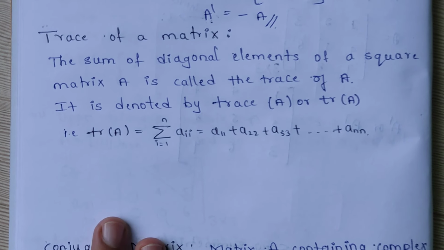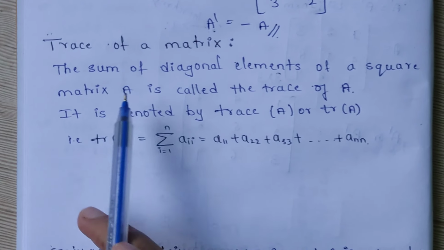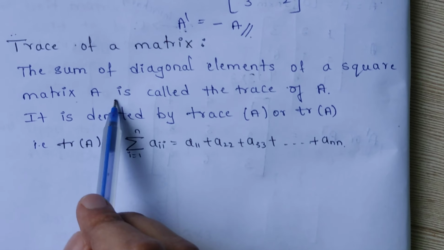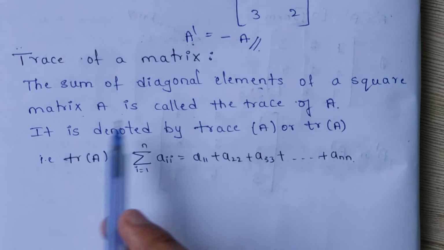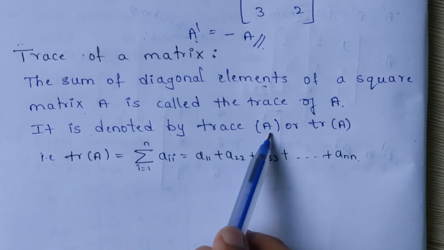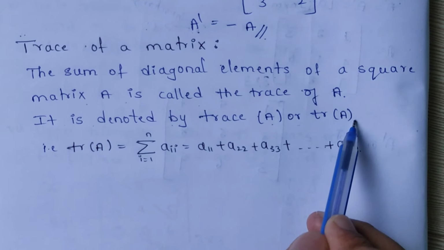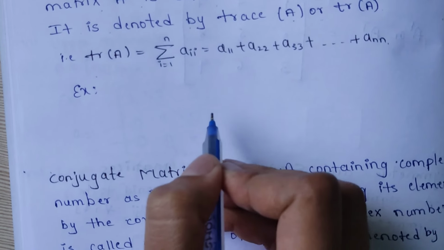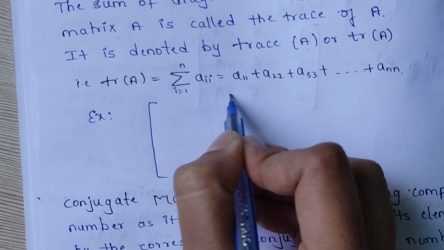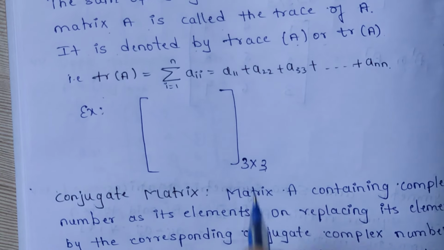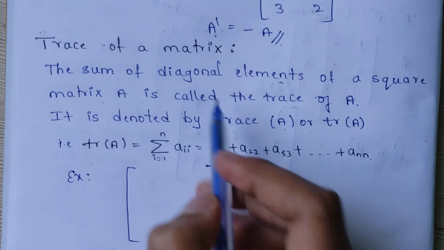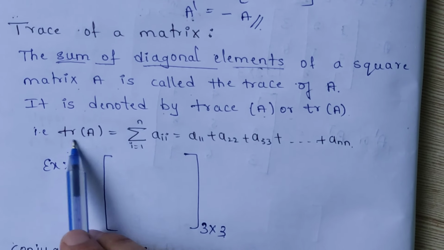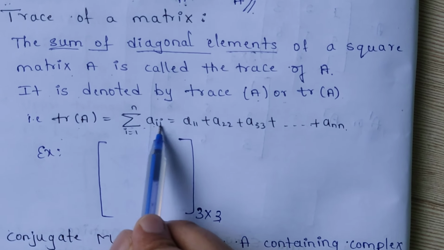So trace of the matrix. Next topic is the sum of diagonal elements of square matrix A is called the trace of A. It is denoted by trace A or TR of A. So let us take the example of 3 cross 3. What they have said, sum of diagonal elements. I have given here summation of AII.